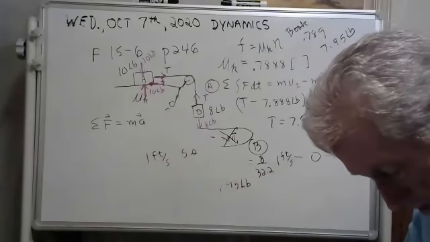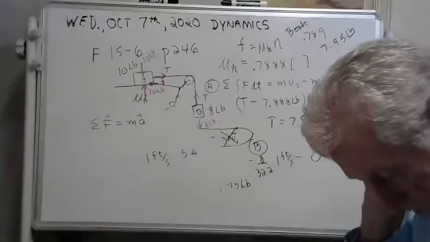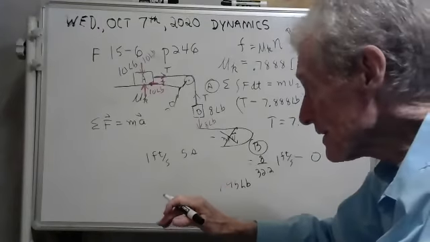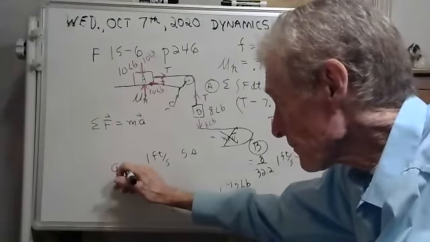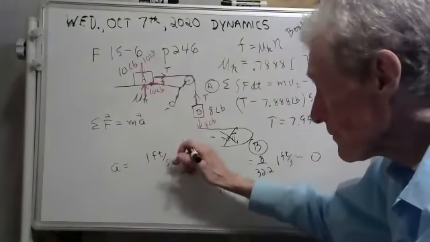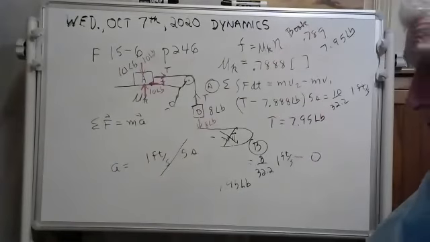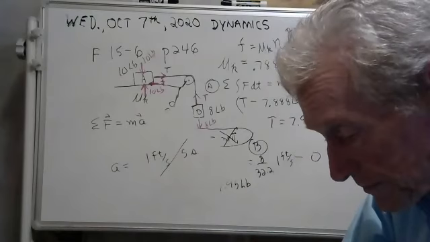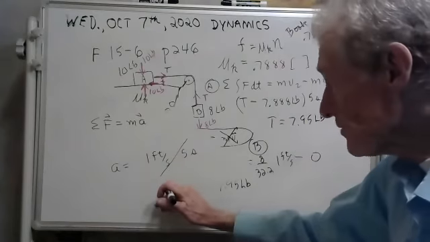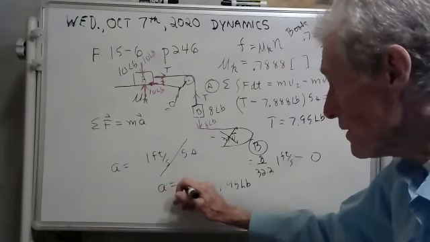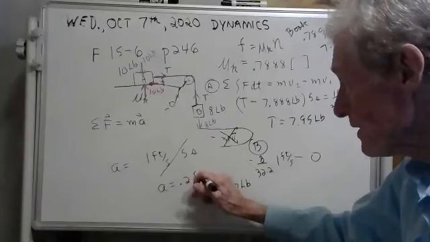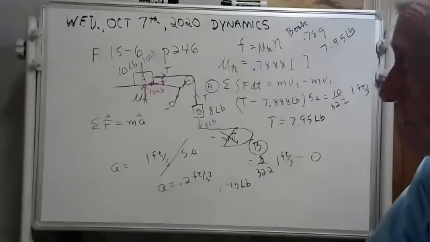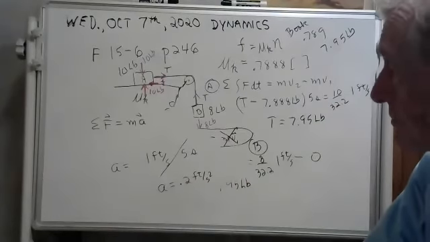If you read it, it says it attains the velocity of 1 foot per second in 5 seconds. Hey, we can get the acceleration. Isn't acceleration just velocity over time in this case? So I think the acceleration is 0.2 feet per second squared. Okay, great.